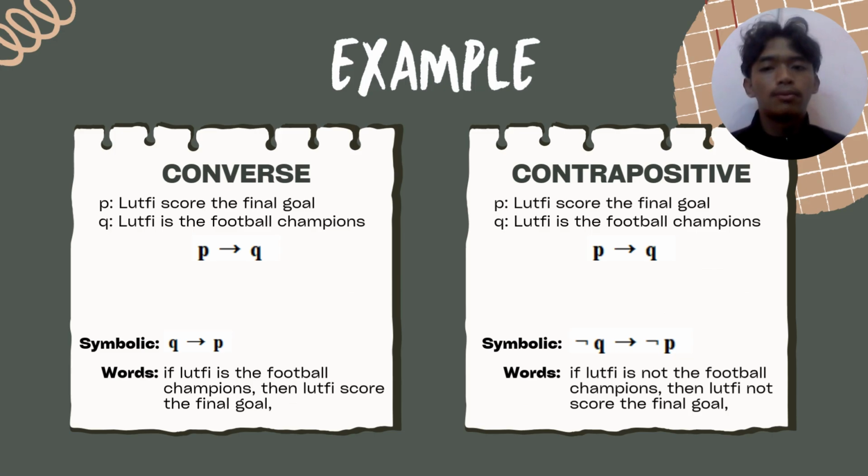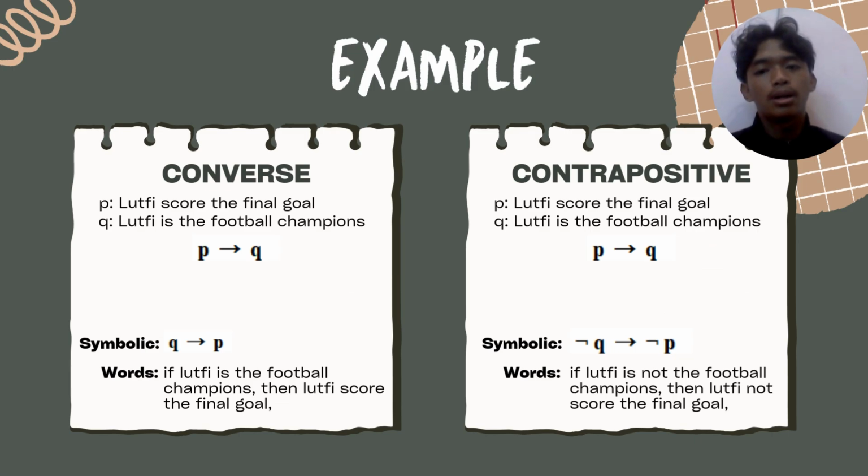Next is converse. We still use the same conditional, which is P implication Q, using the formula that I mentioned before. Converse is just a swap in the statement: P, which is at the front, we put on the back, and Q, which is at the back, we put on the front.